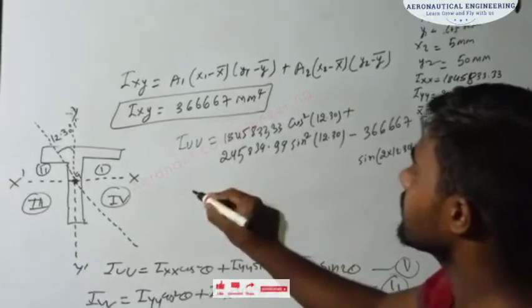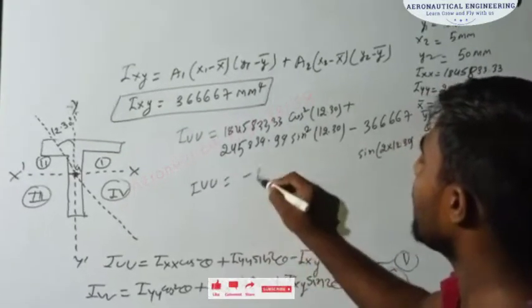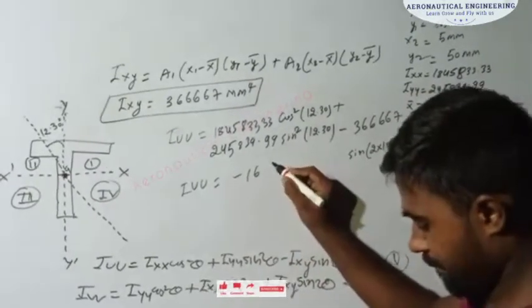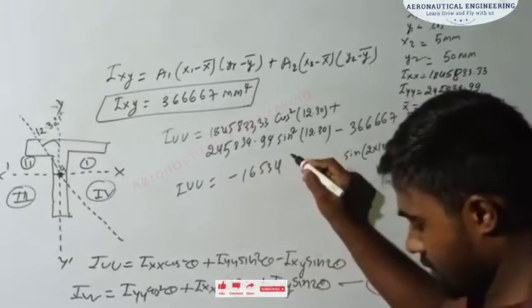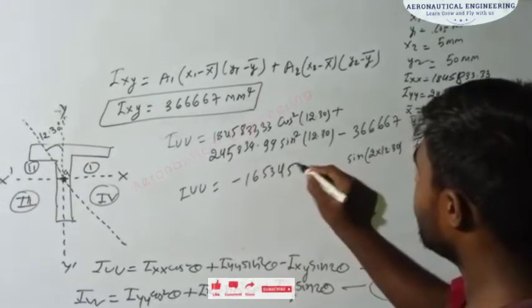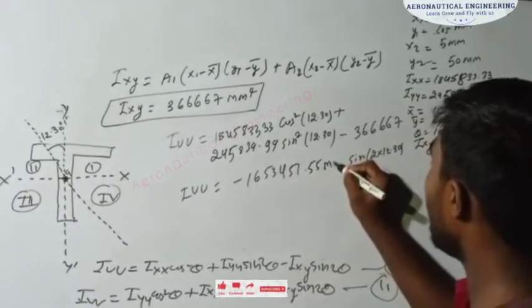After calculating this, we get the IUU value as 165341451.55 mm^4.